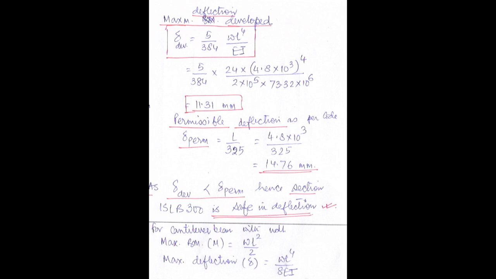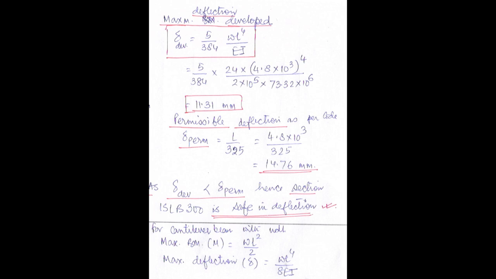Permissible deflection is 14.76. In our case, the deflection developed is 11.31. So the deflection developed is less than the permissible deflection. Hence the section, that is ISLB 300, is safe in deflection. So this is our conclusion.